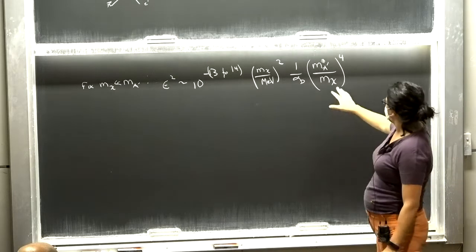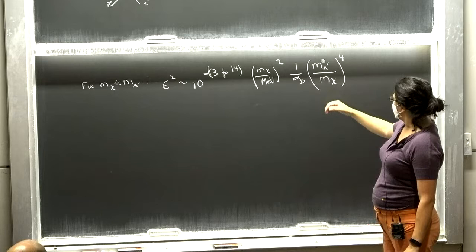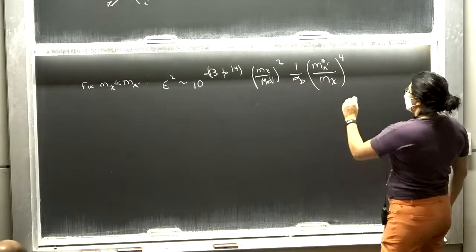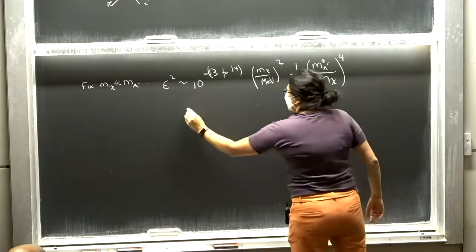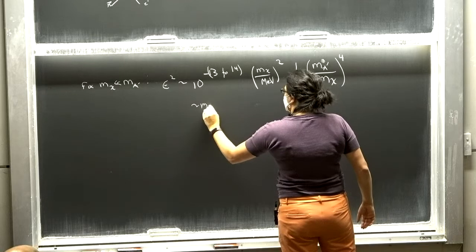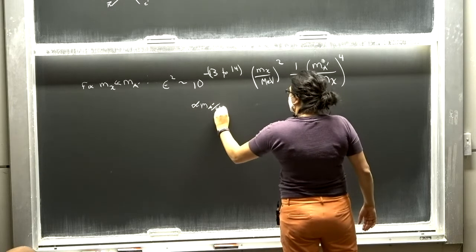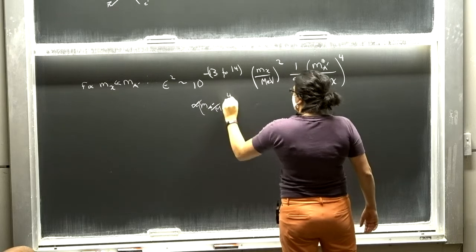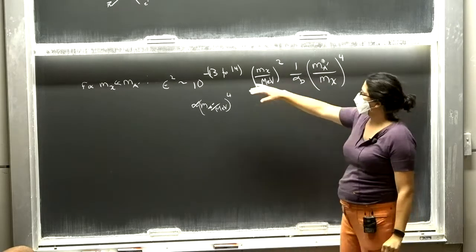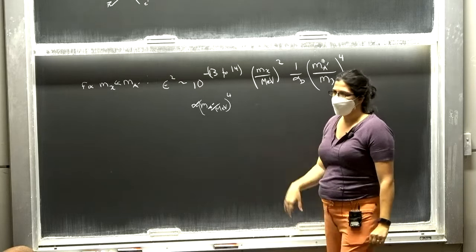So now if I take a very small M chi, say of order MeV, this is going to go like MA prime over MeV to the 4th power. So I get a rapidly rising epsilon as I go to heavy primes.